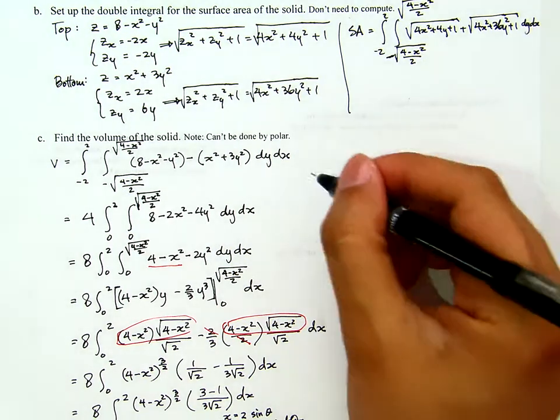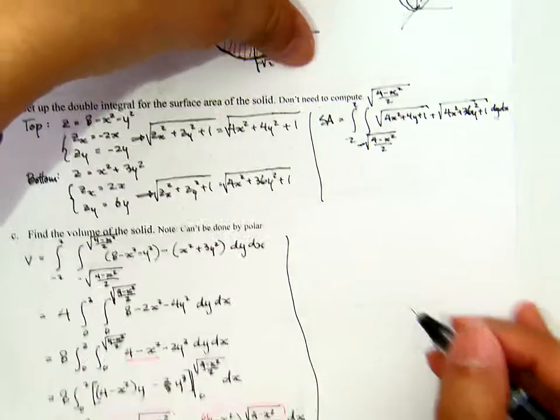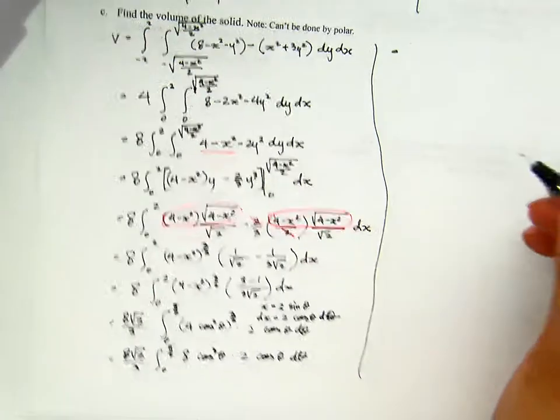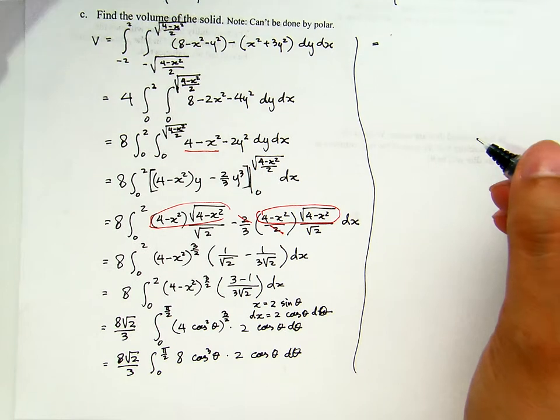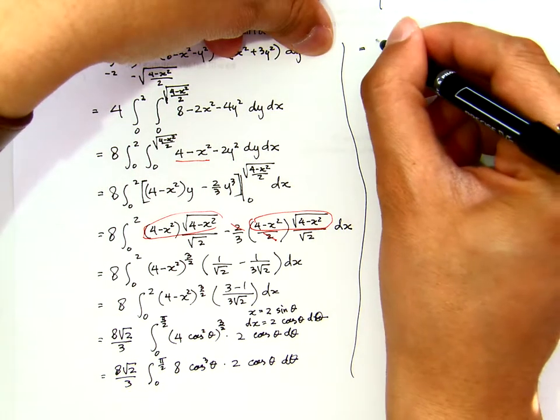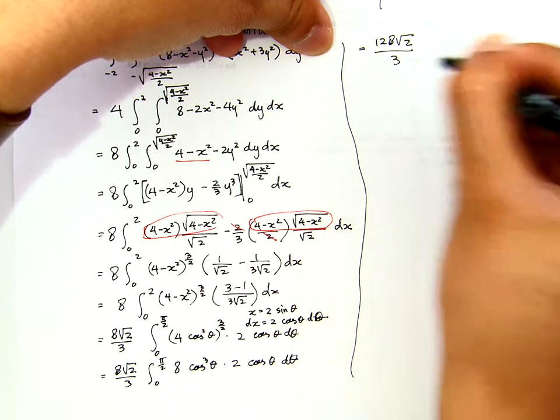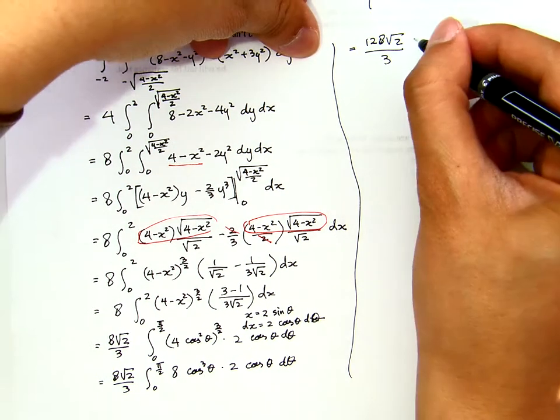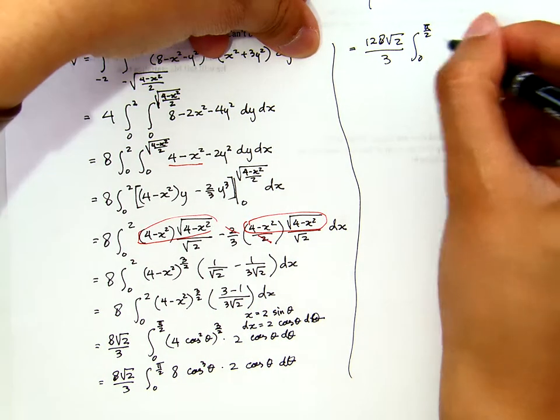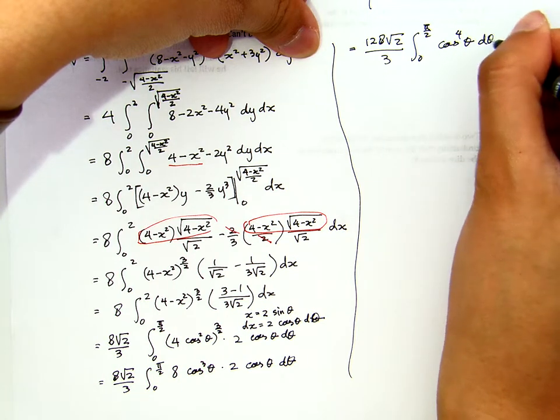Now on the right hand side, there will be 128 radical 2 over 3, that cleans up the coefficients, and then integral from 0 to pi over 2 of cosine to the 4th theta d theta.